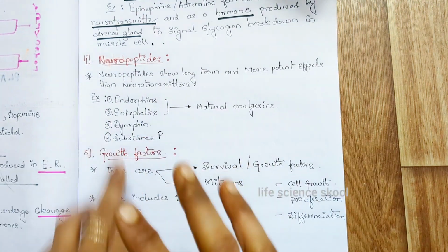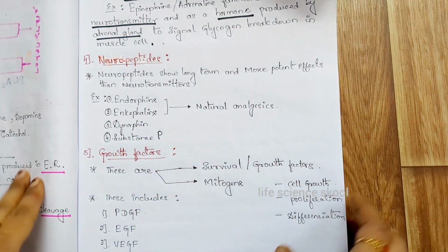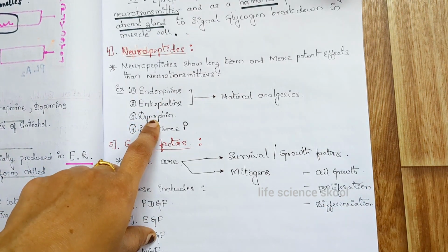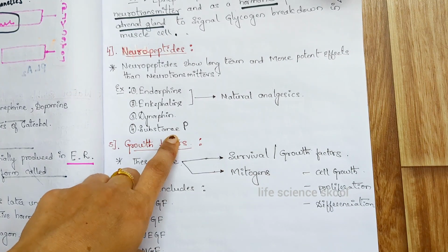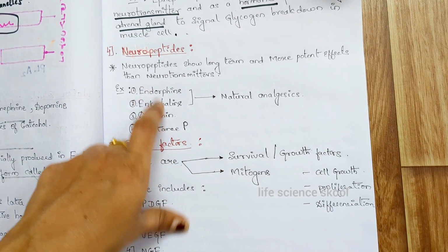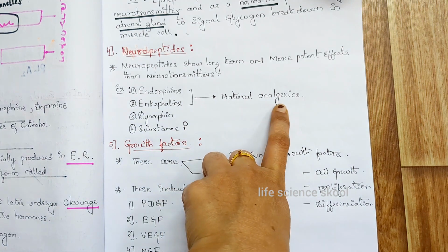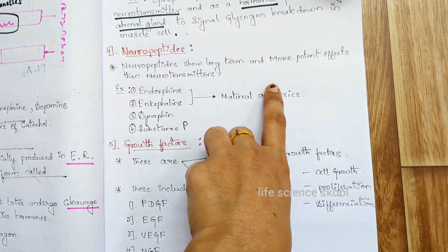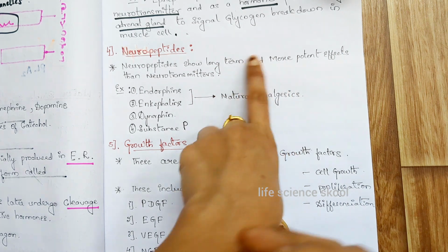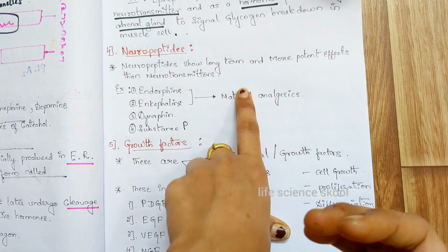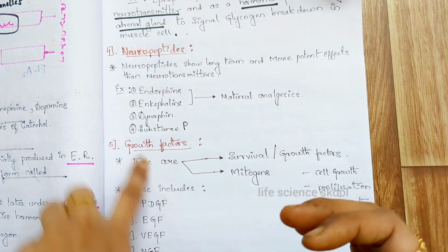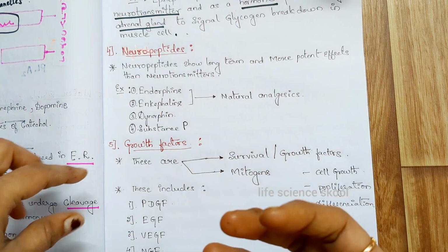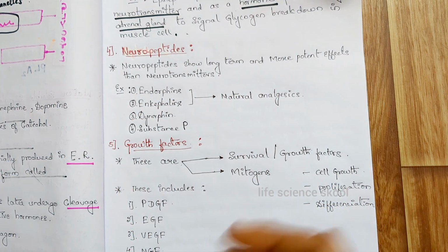Examples are endorphins, enkephalins, dynorphins, and substance P. Endorphins and enkephalins are natural analgesics, which means natural pain reducers, or painkillers. They are involved in nociception, meaning the response to noxious, or harmful, stimuli.